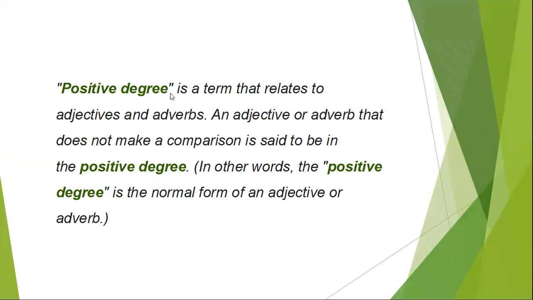Positive degree is a term that relates to adjectives and adverbs. An adjective or adverb that does not make a comparison is said to be in the positive degree. In other words, the positive degree is the normal form of an adjective or adverb.